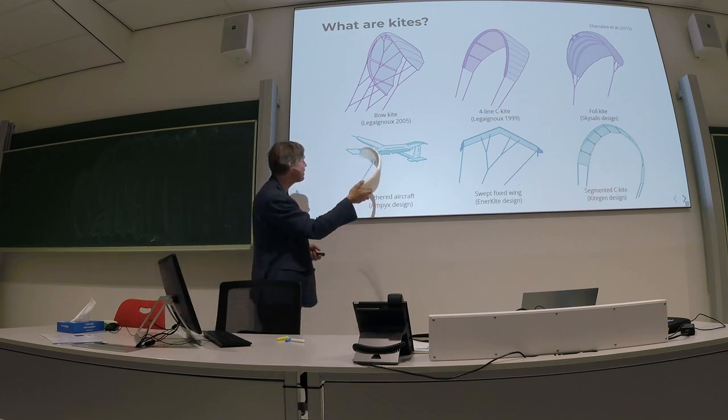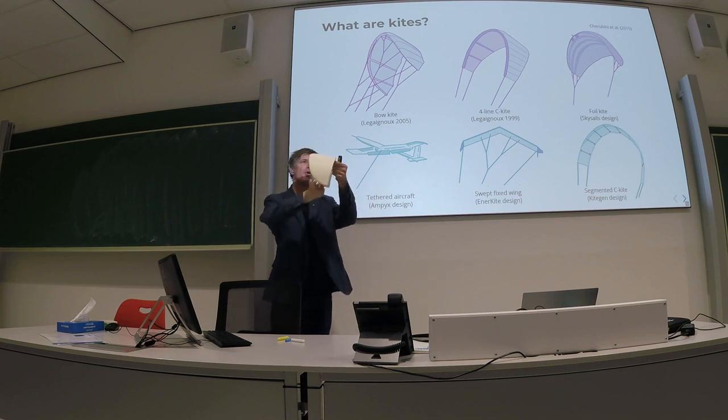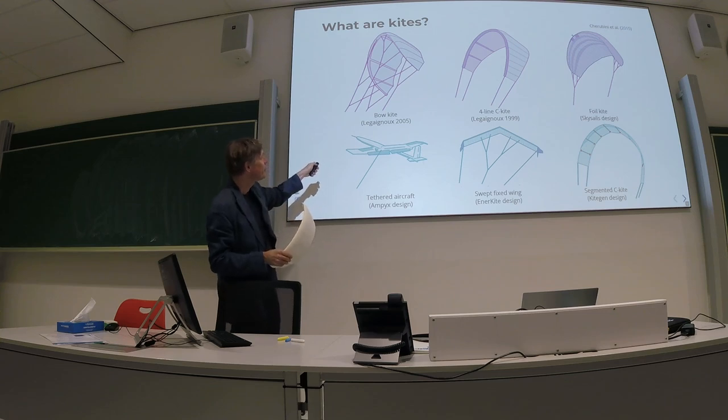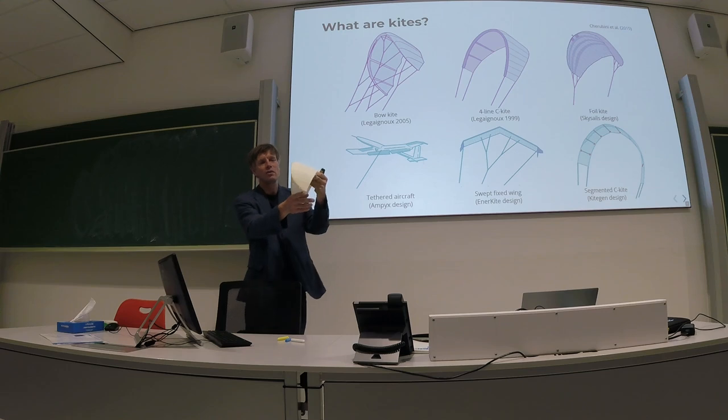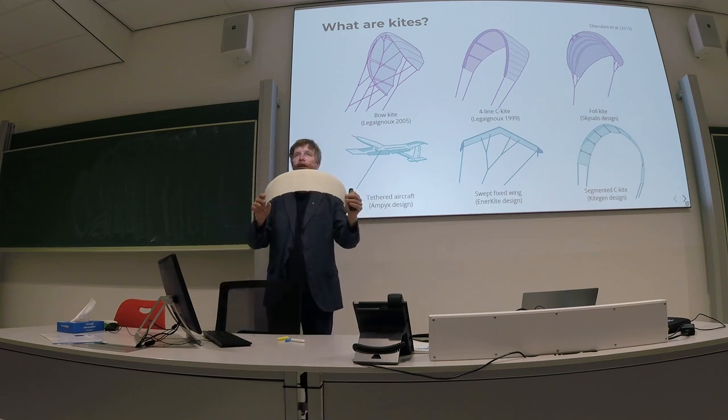So, bow kite means the leading edge is shaped like a bow. You see this here also in the image. You have power lines that connect, so these are the two power lines that connect via bridle to the leading edge. So, with such an inflatable wing, this is very deformable.